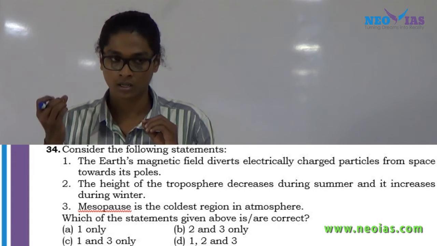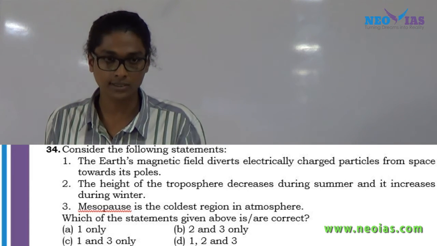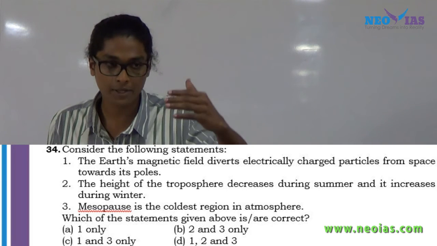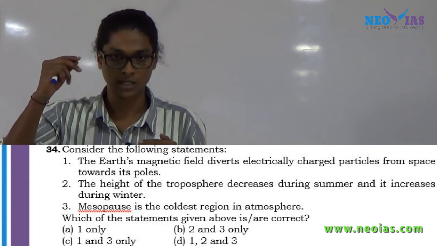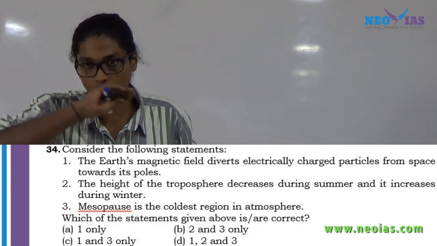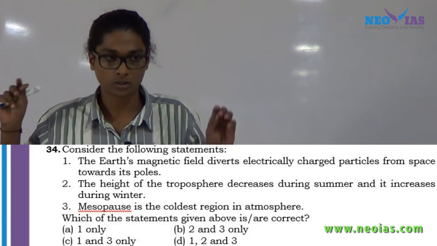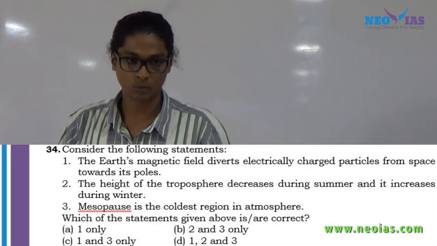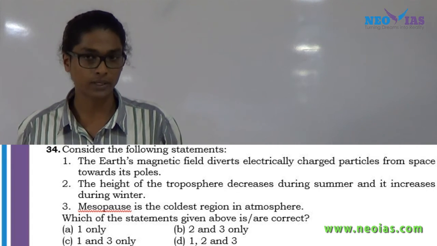We know this, right? So the coldest region in the atmosphere will be in the mesopause. After the mesopause there will be the thermosphere, where the temperature goes on increasing. So we can say that the mesopause is the coldest region in the atmosphere. So the answer will come out as C.